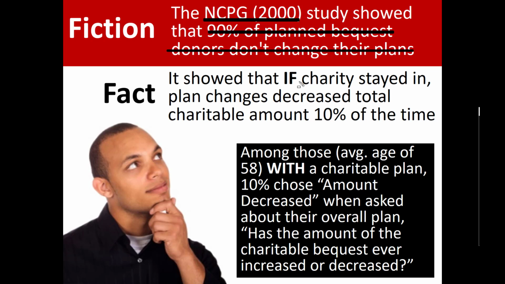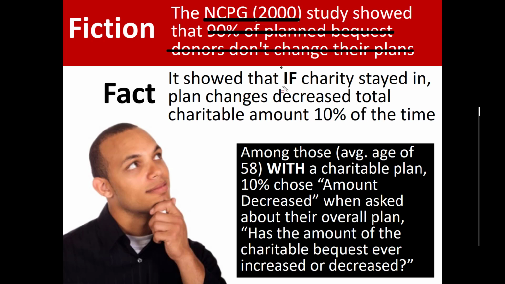Instead, what the study showed is that if charity stays in, so this is only for those cases when charity is not dropped, and we know that in about 55% of the cases, the charitable component is retained over a 10-year period among those who are over age 50.